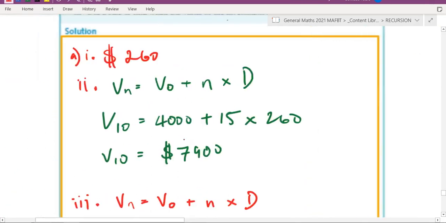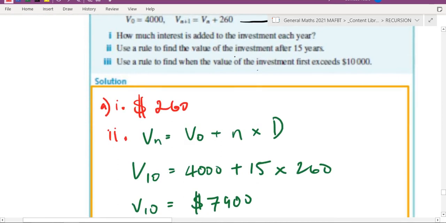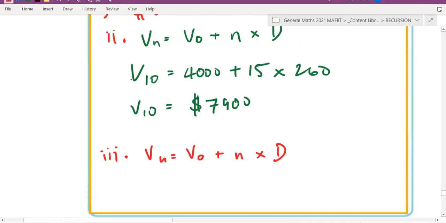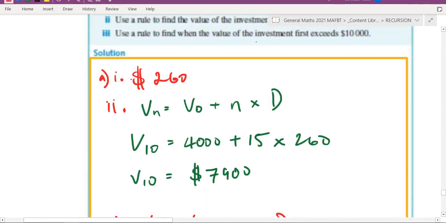It's asking us in this question, when will it first exceed $10,000? Basically, what is the year when you have more than $10,000? According to this, n should represent the year. It does say exceeds.